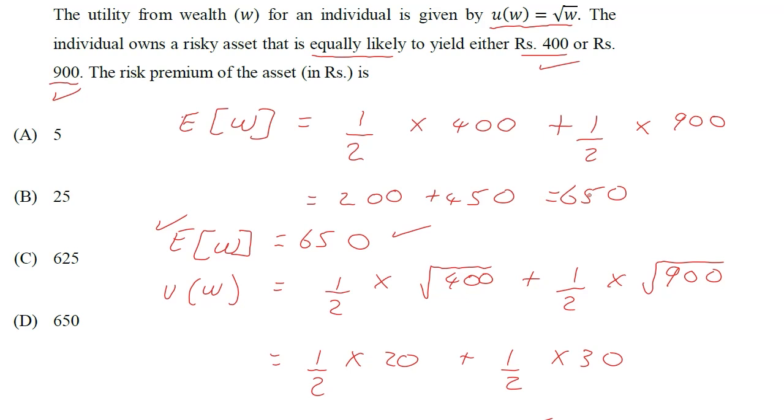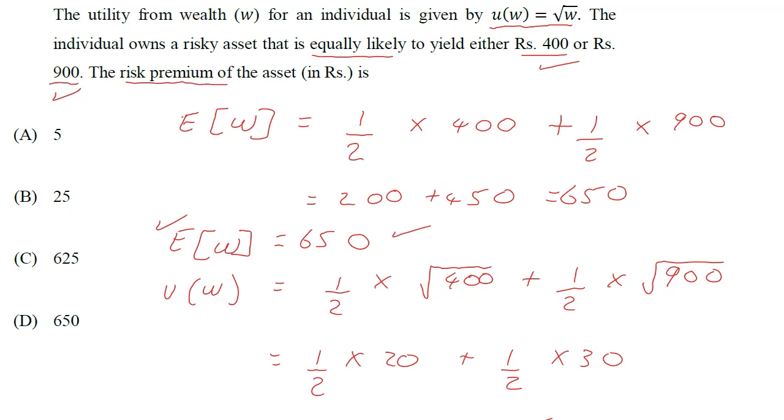Let's say this is a house, and every year there is a chance that either it will burn down and be reduced to far less, or it will appreciate in value and increase to 900. If you want to secure yourself, you will pay an insurance premium in case there's a fire. So the question is, what is the maximum premium that can be charged from the point of view of an insurance company? Even though what we are calculating is the risk premium, keep in mind it is the maximum risk premium.